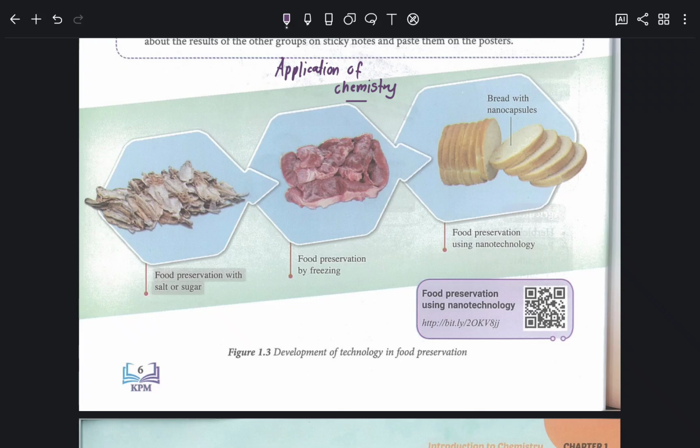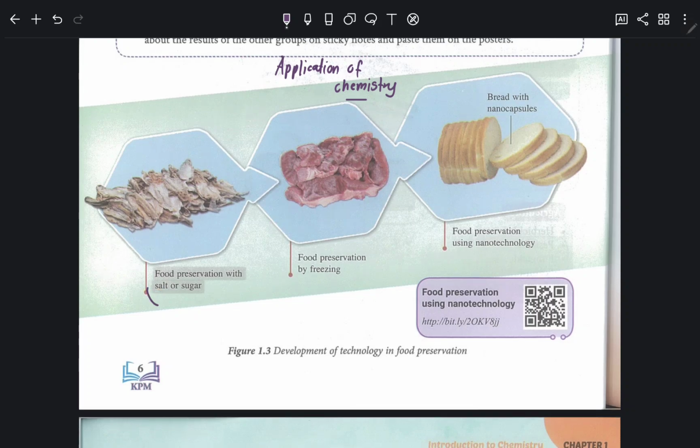You can ask your mom. Like salted fish, they soak it with salt, make it salty so that it lasts long. Good food preservative is salt basically, but sometimes people also use sugar to make it last long. So this is one application. Why do they do this?